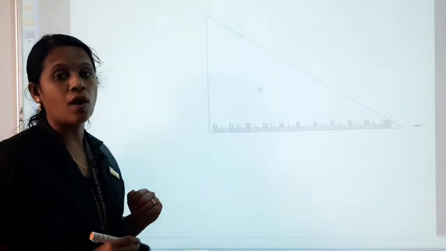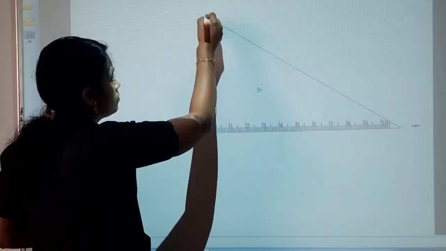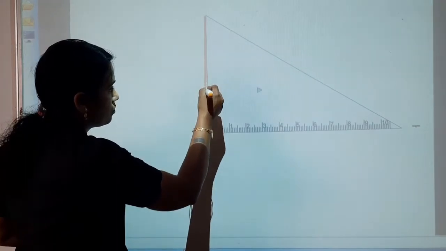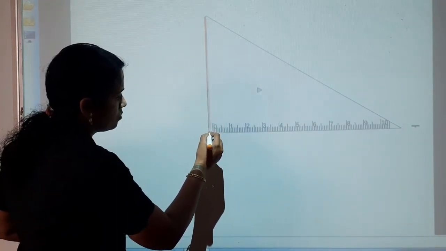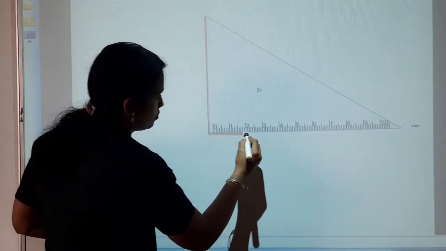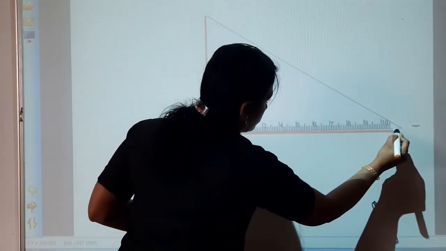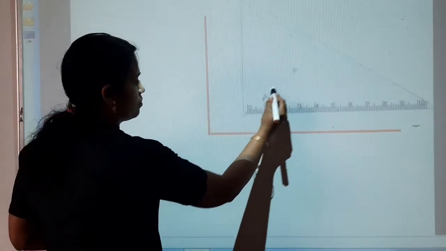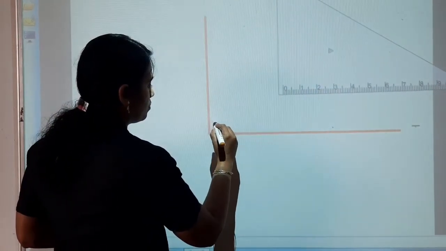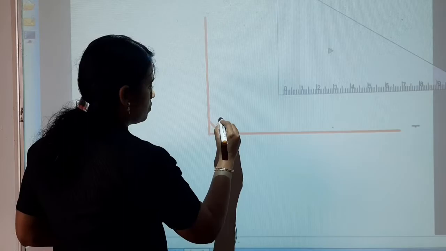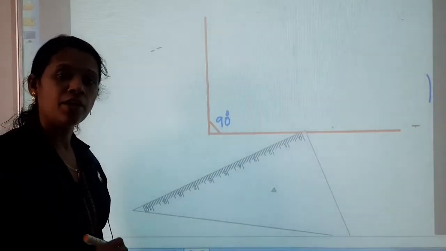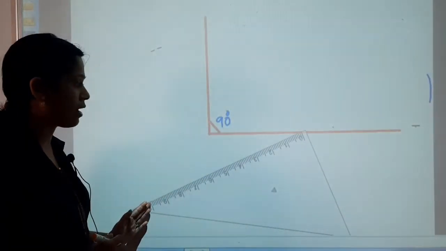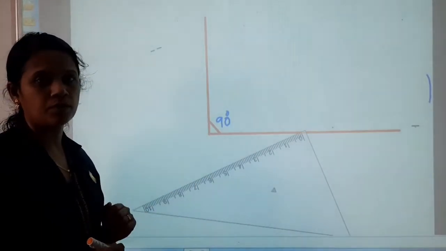Here first we can draw angle 90 degree. Now we can draw 30 degree angle at this point.